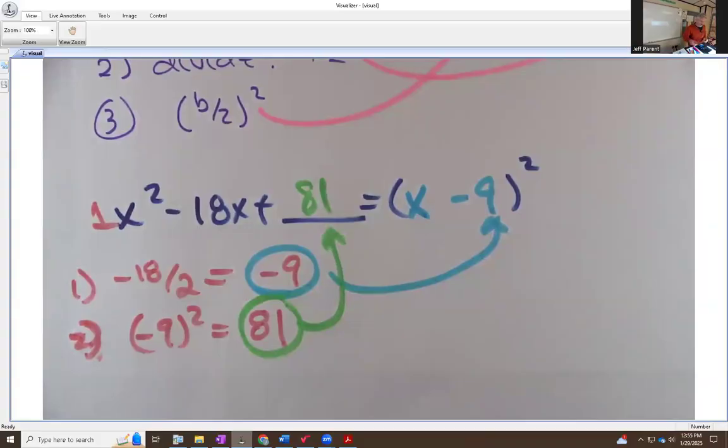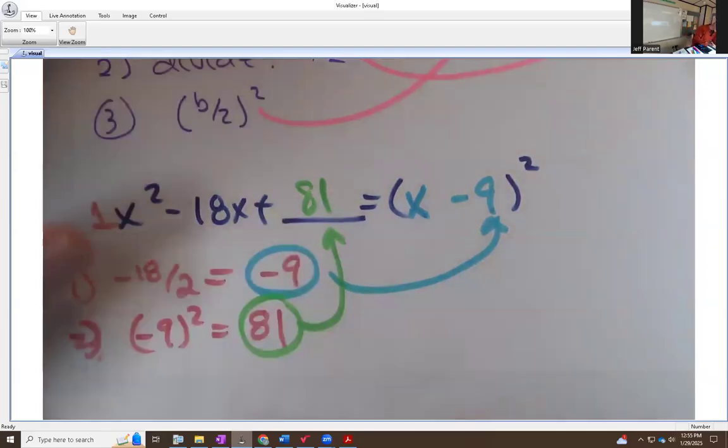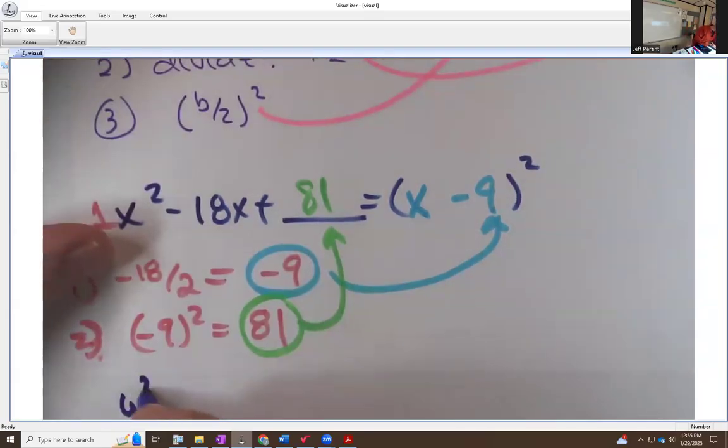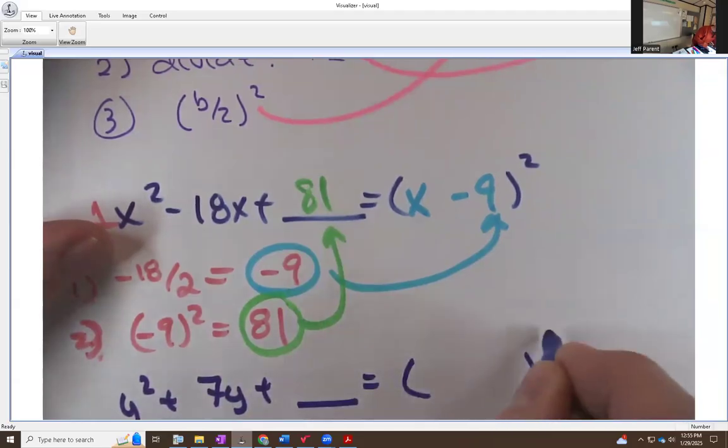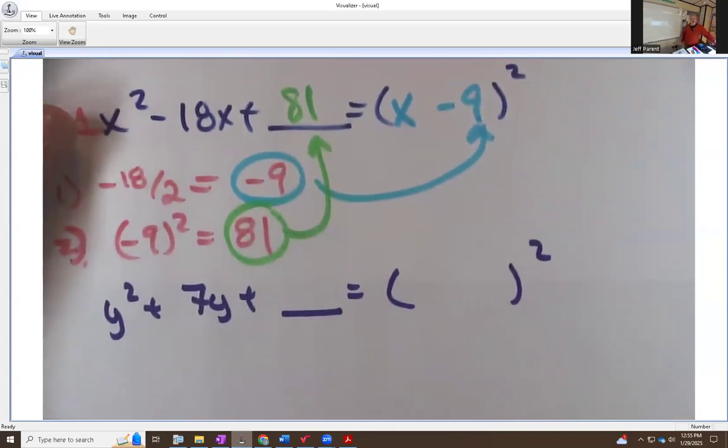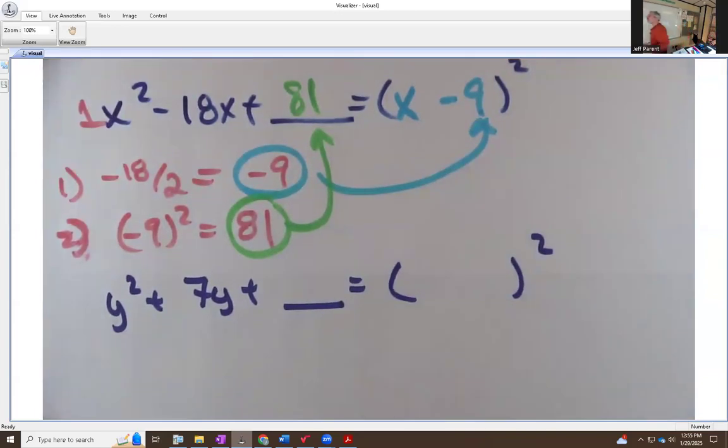Of course, I did the easy one, so that means I'll give you the hard one, right? Let's take a look at y squared plus 7y plus something equals something squared. Now, even though it's not a nice even number there in the middle, we're still going to do the same things that we did just a moment ago to complete the square.